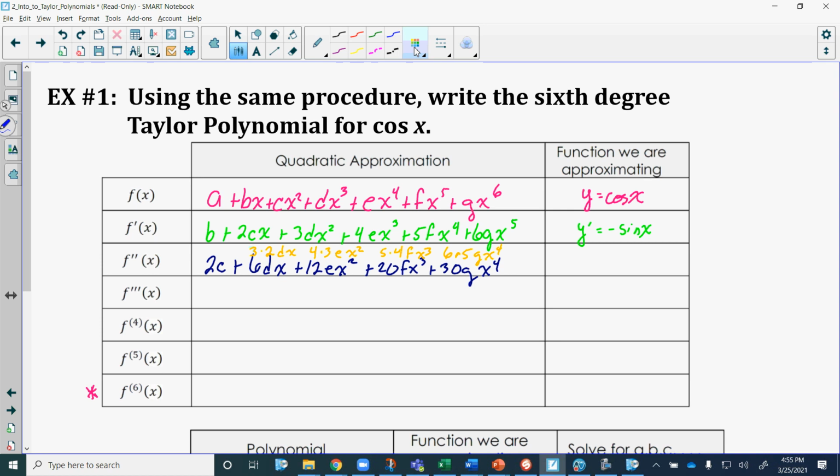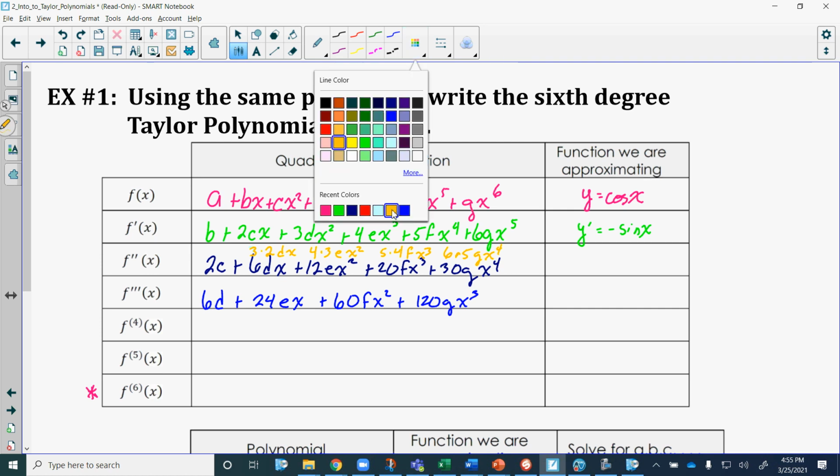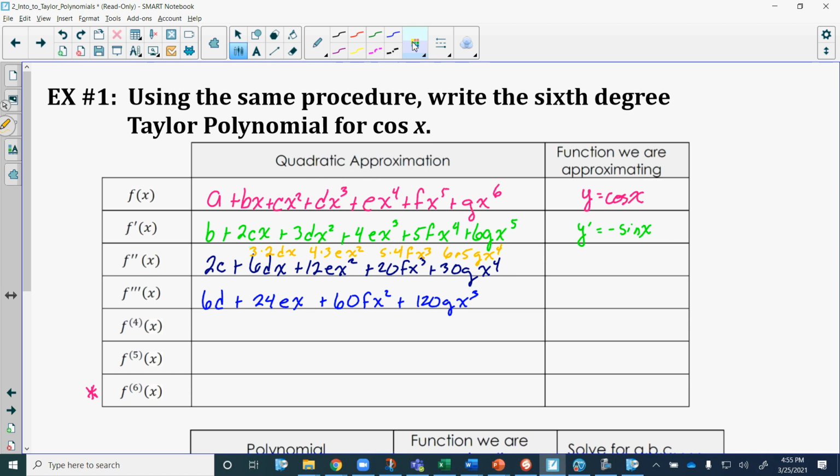The next derivative in this case would just be 6d plus 24 ex plus 60 fx squared plus 120 g times x cubed. This will probably be the last one that I write this way, so that we can finish filling things in.